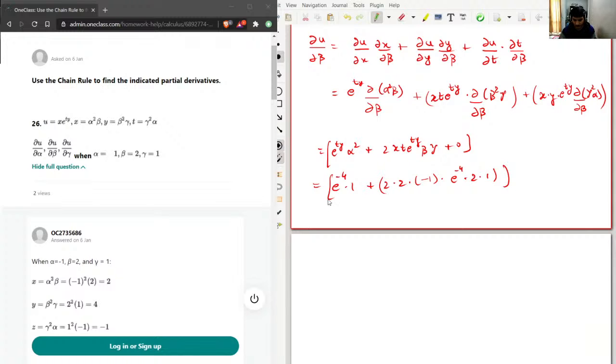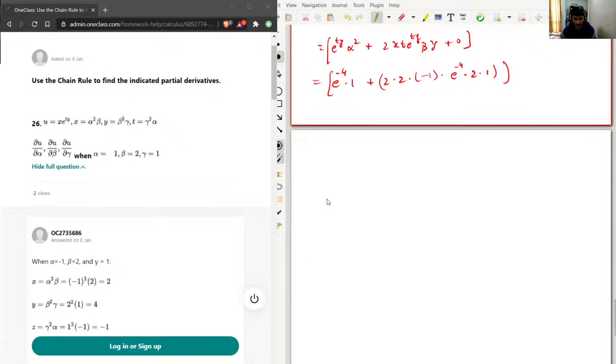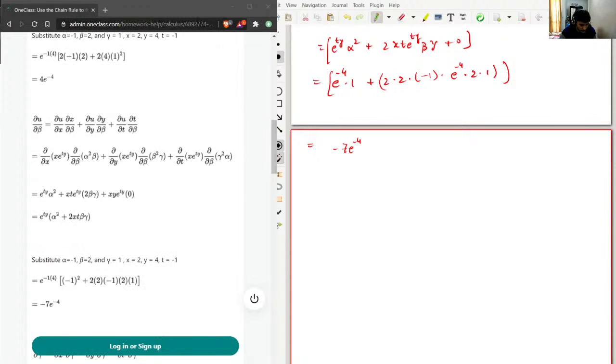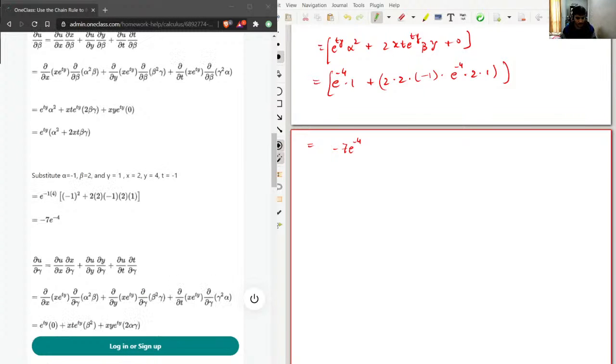So this will become, I'll calculate, this e power 4, and this will be minus of 2 to the 4, 4 to the 8, minus of 8 times e power minus 4, so this will become negative 7 e power minus 4. Let me just cross check this. Yep. So negative 7 e power minus 4 is del u over del beta.